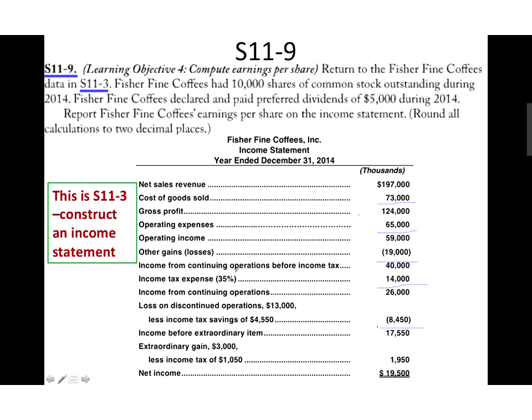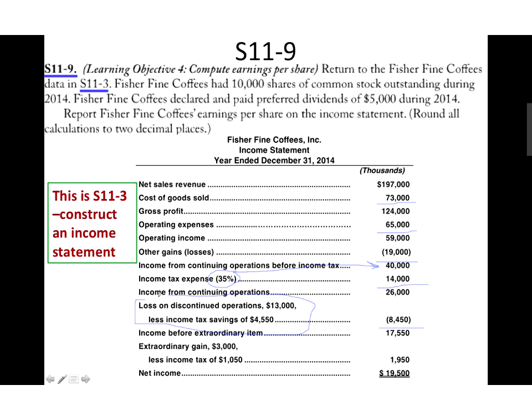The only thing to note on the income tax expense, it says 35%, so you're taking 35% of the income immediately before here. So you're taking 35% of the $40,000 and you get $14,000 and you subtract that to get income from continuing operations. And then your loss on discontinued operations, you need to calculate the income tax savings.